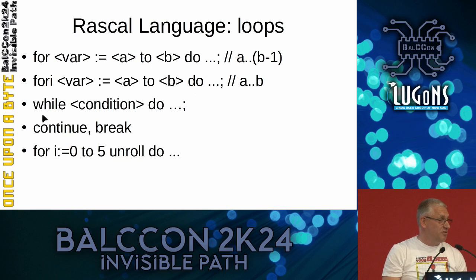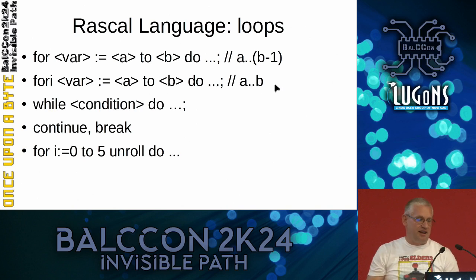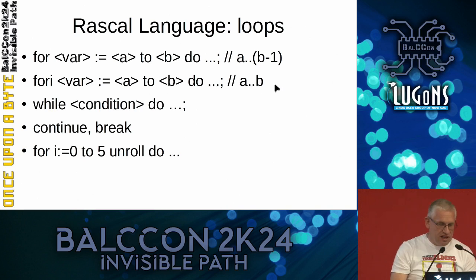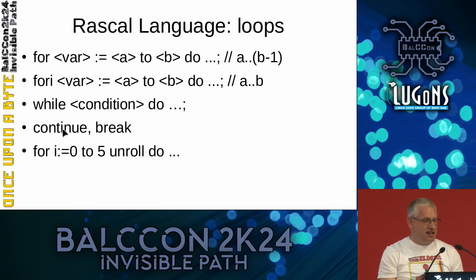We have several types of loops. One that is actually a C loop that runs from A to B minus 1. And we have for I that runs from A to B as in Pascal. Then we have while and the usual constructs for exiting the loop early, continue and break.